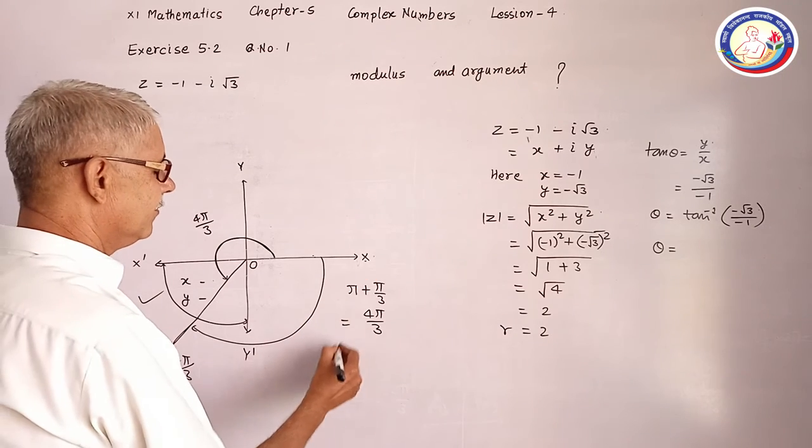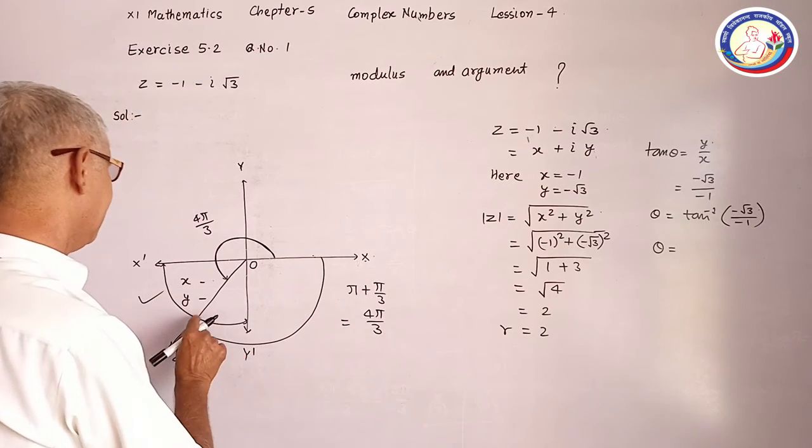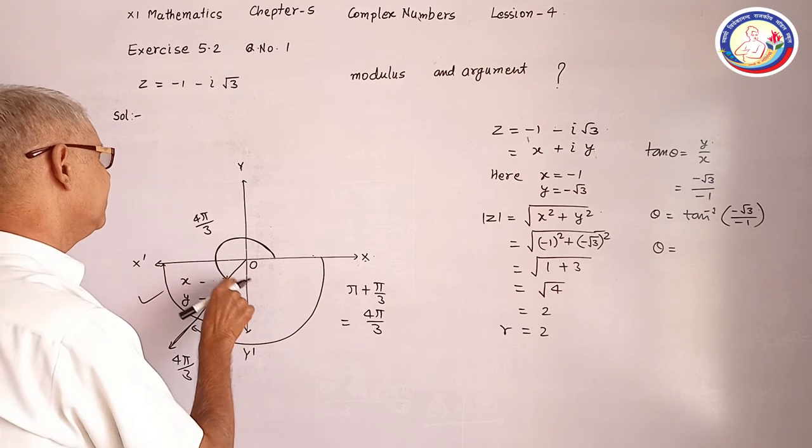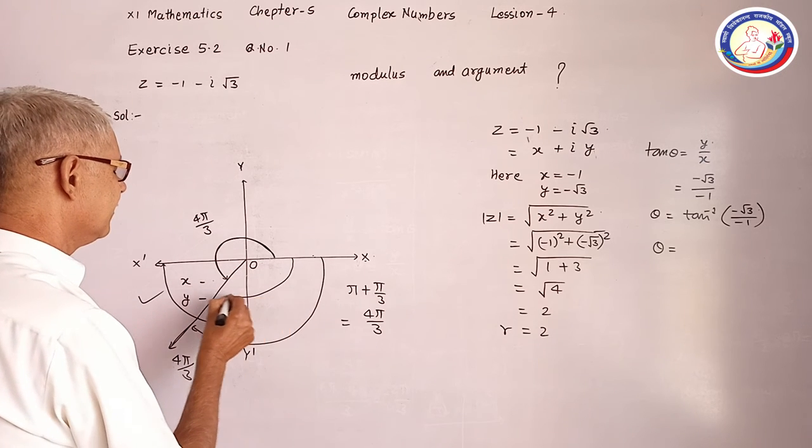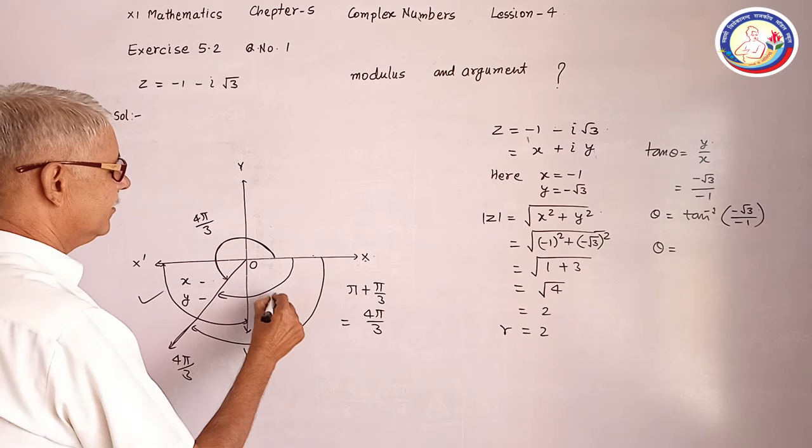The line of revolution is here, so from this side the angle will be with a negative sign.